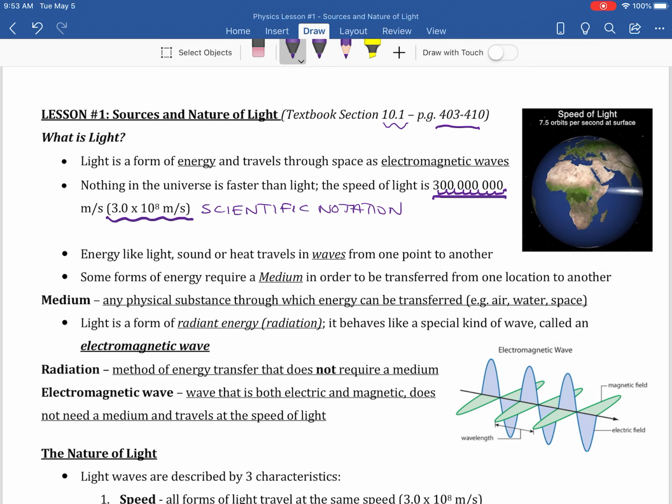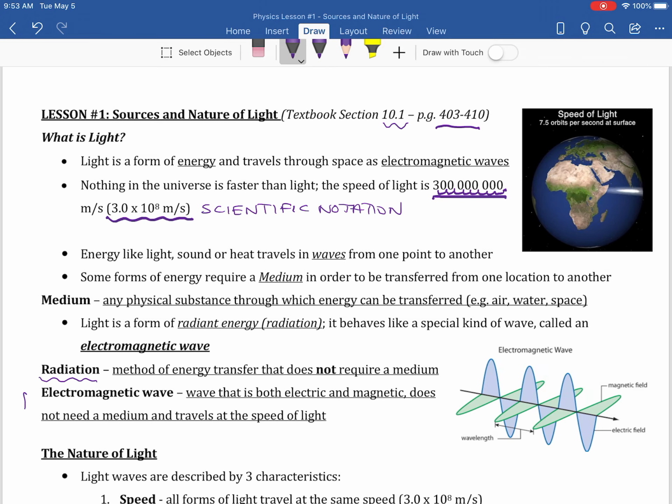Some types of energy don't need a medium to travel through, okay? And radiation is one of those things. So sometimes you feel heat radiating off of a fire. That radiation means that it doesn't necessarily require a medium.